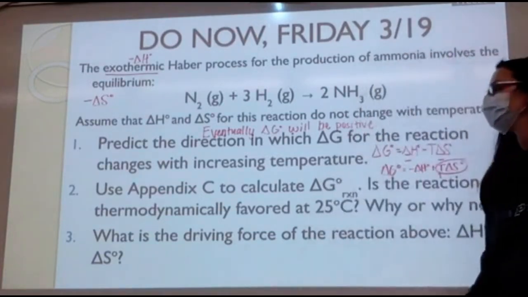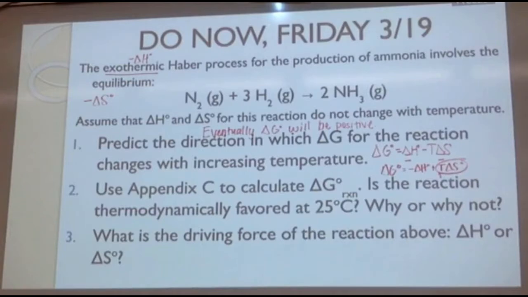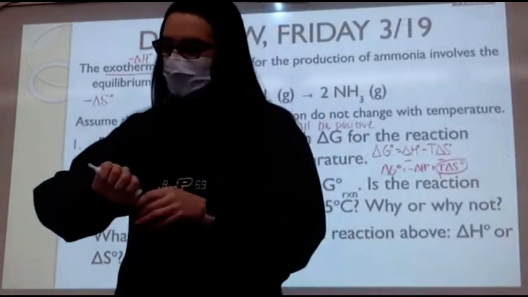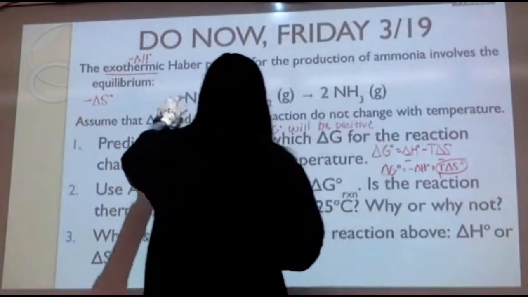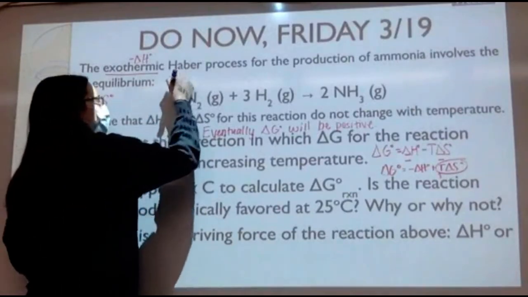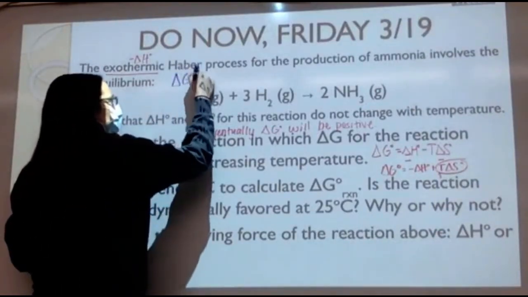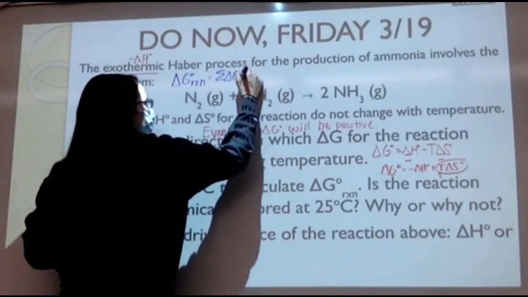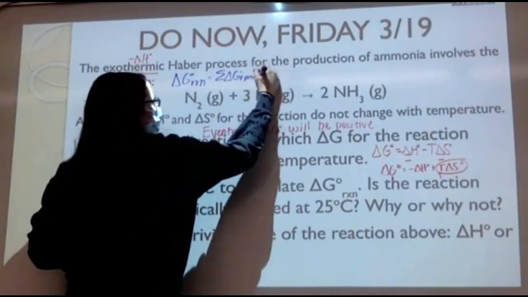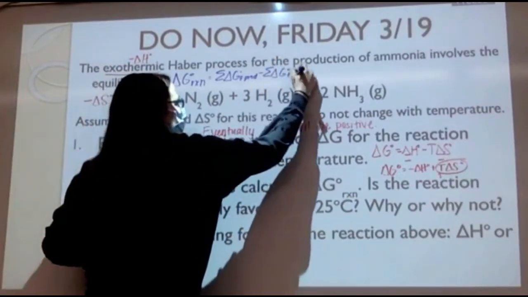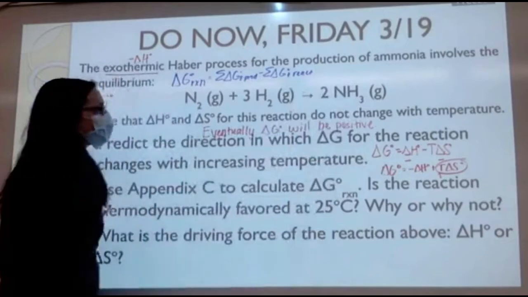And so remember, Appendix C has delta H of formation, delta G of formation, and S. Here is our balanced equation. Because it says use Appendix C, we're going to be using this equation. Delta G of reaction is the sum of the free energy of formation of products minus the sum of the free energy of formation of reactants.